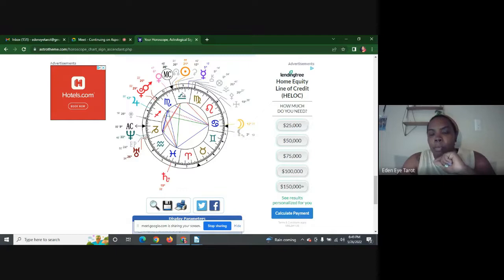So for morning stars that I'm looking at, obviously Neptune and Uranus would be morning stars, because they're in Capricorn. And if we start to rotate the chart, then Neptune and Uranus are going to be morning stars.